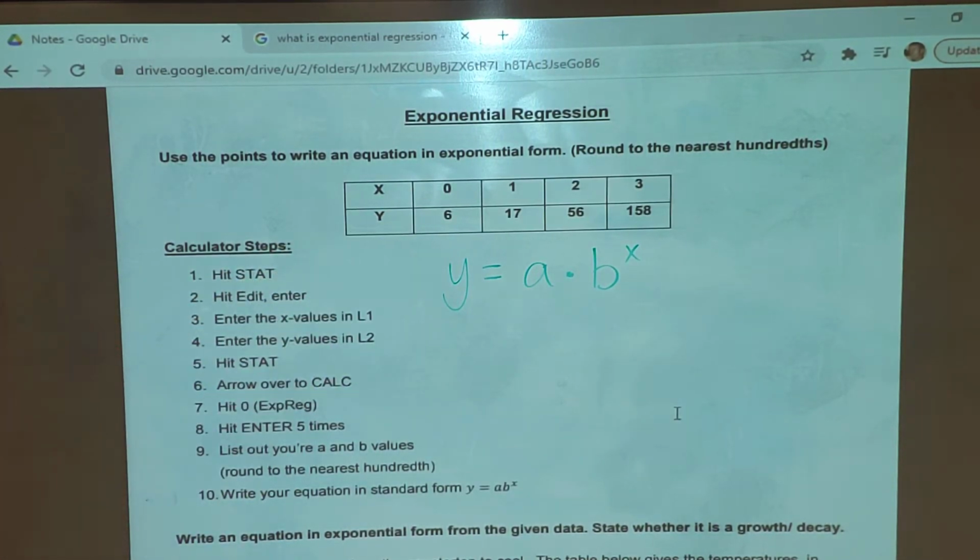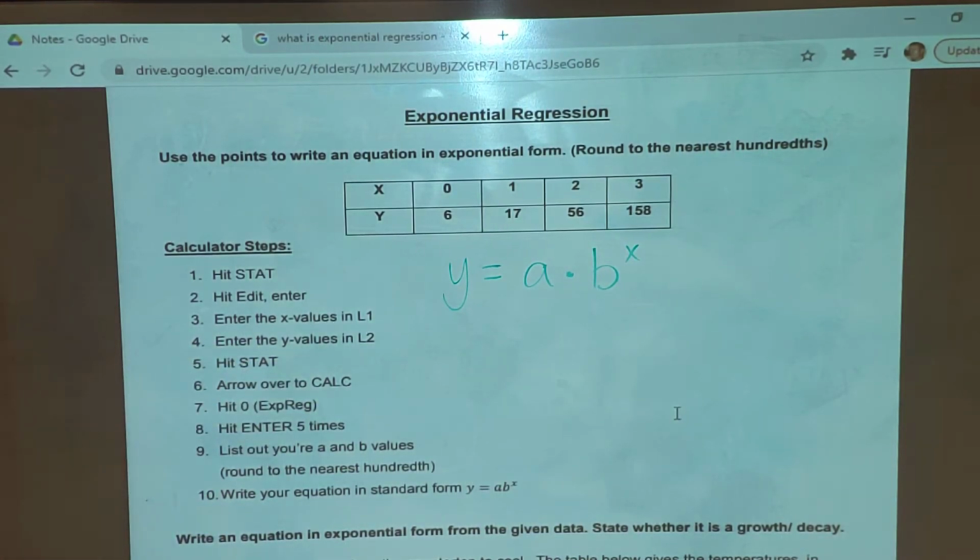So I will enter 0, 1, 2, and 3. And then go over to the Y values in L2 and put in 6, 17, 56, and 158.